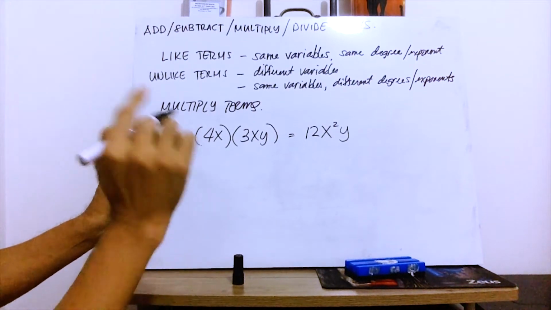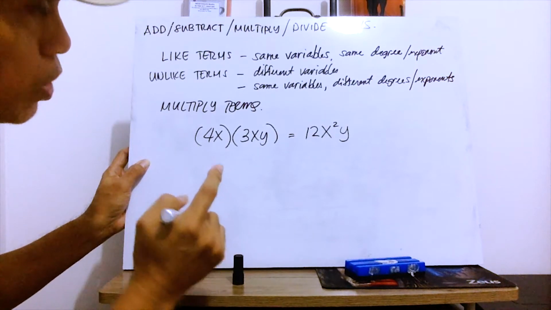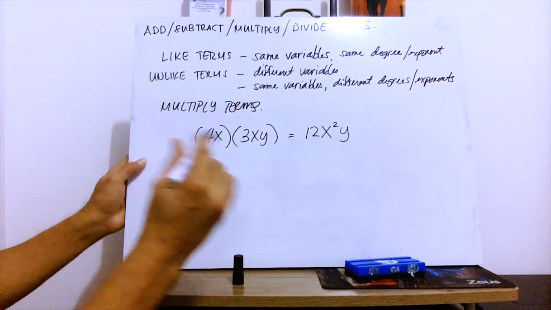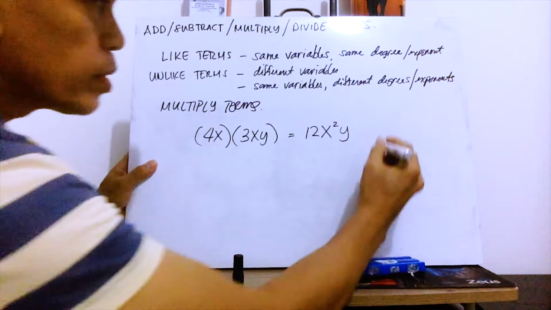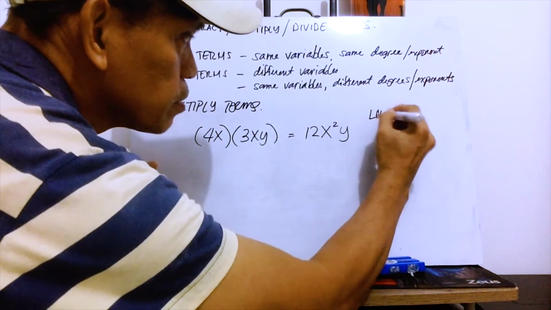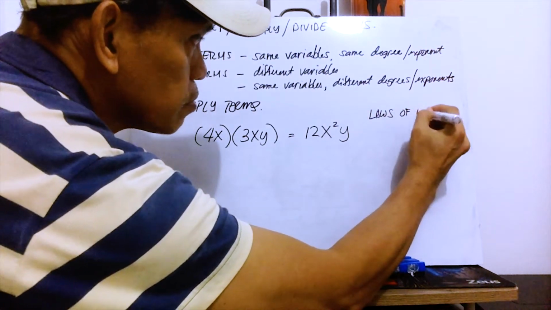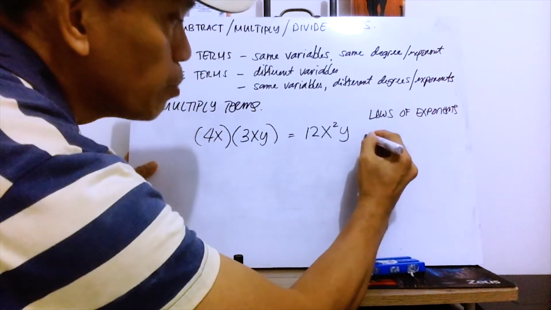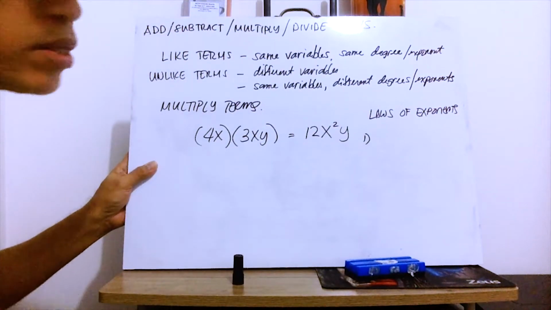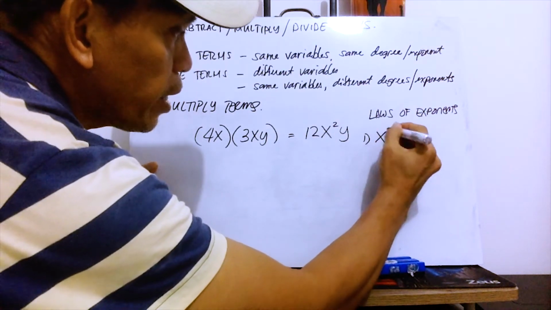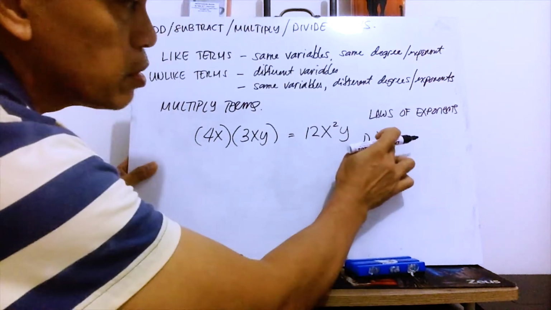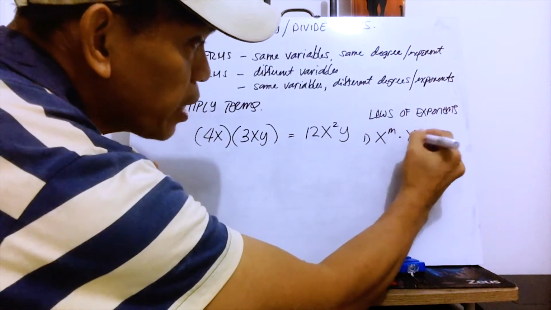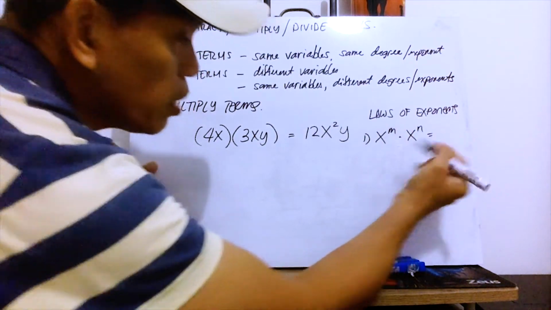Okay. In algebra, we need to know the laws of exponents. These are the laws of exponents. Number one, there are three basic laws, right? x raised to, let's say, an exponent called m multiplied by x raised to an exponent that's n.